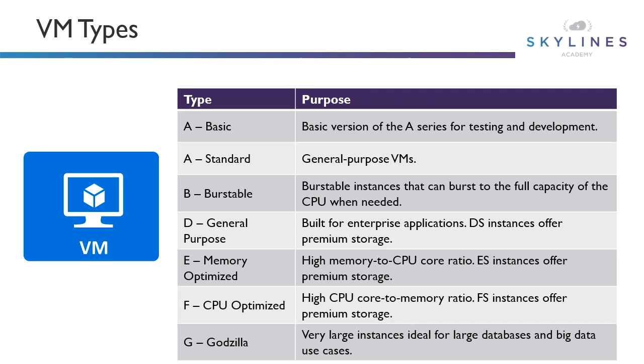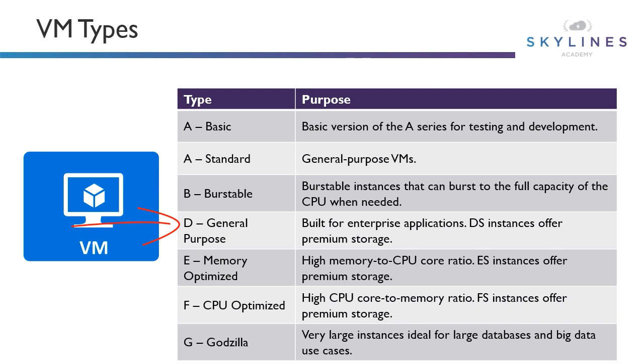Now that we understand the premise behind a VM and how it essentially works, when we move to Azure, there are multiple different VM types depending on the workload. You can see we've got a type A, which includes basic and standard workloads. You've got burstable workloads, where you might have an application that typically is pretty low on CPU utilization, but might have periods of time where it bursts or spikes up, and that's able to address that.